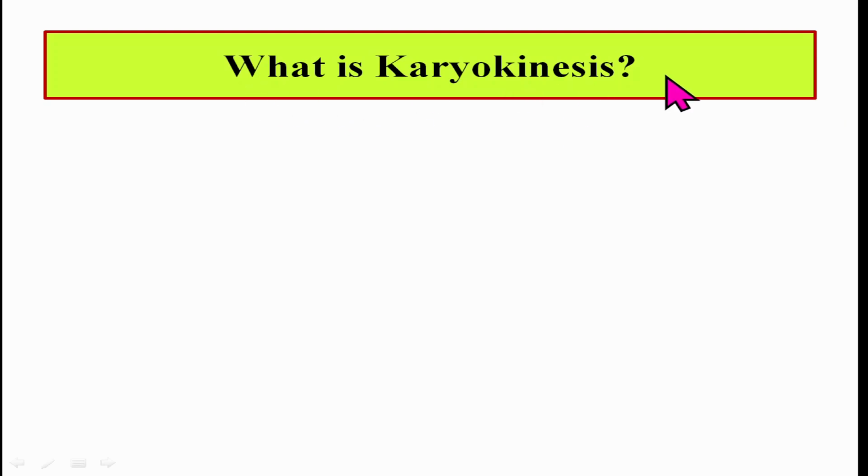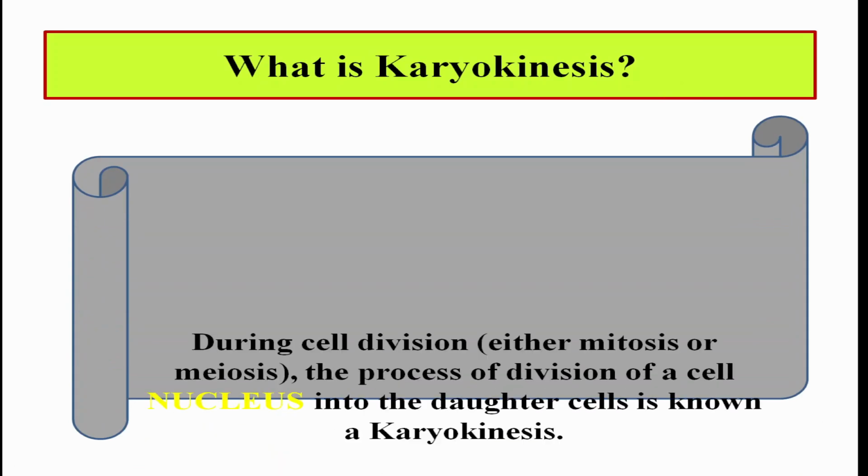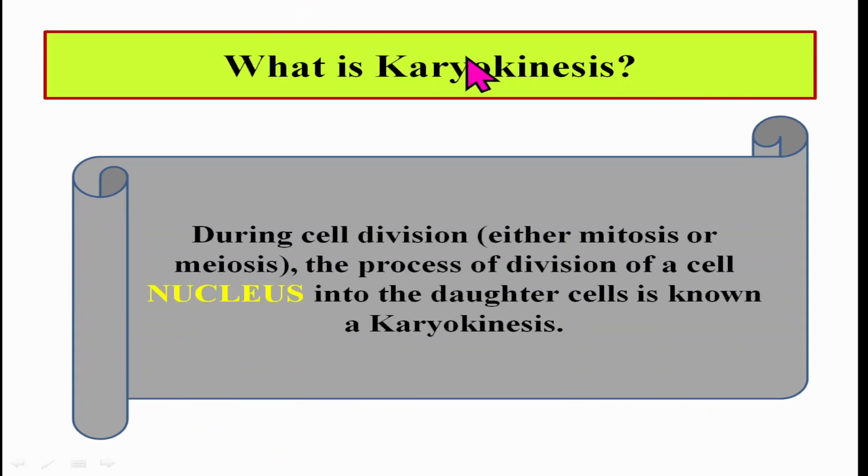Now, karyokinesis. Okay, karyo means a nucleus and kinesis means division. So karyokinesis means it is a type or during cell division, either mitosis or meiosis division. Okay, now do you know what is mitosis or meiosis division?